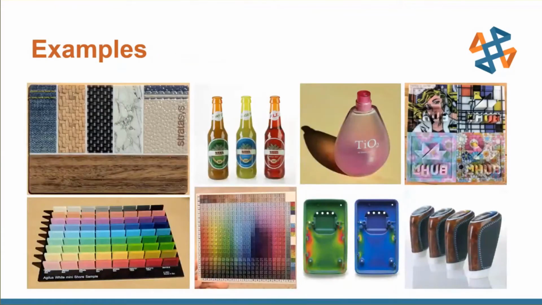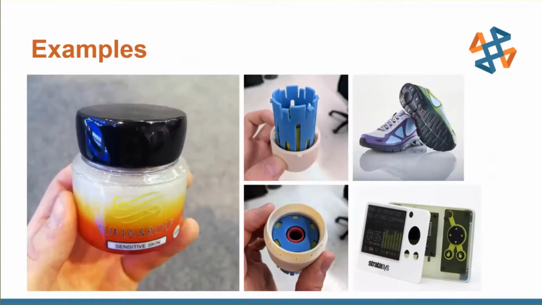So I do have just some examples here, some of which you may have seen through Stratasys marketing or through CATI, and some of these are just my own personal examples that I threw in here. The main point is that color 3D printing has an impact on product development by allowing a way to create and envision your end result before you manufacture anything.